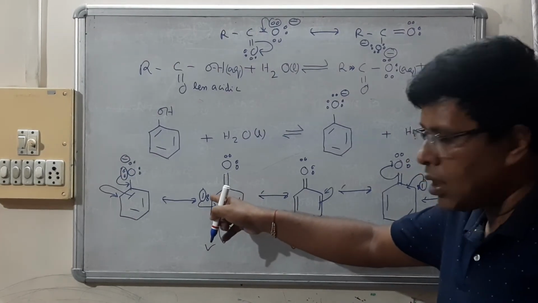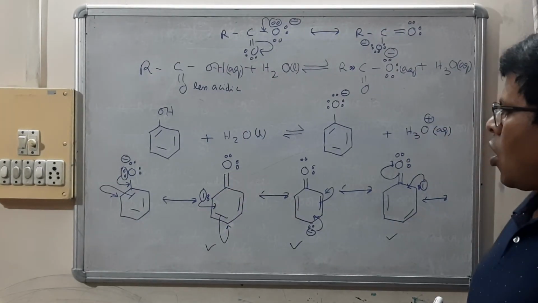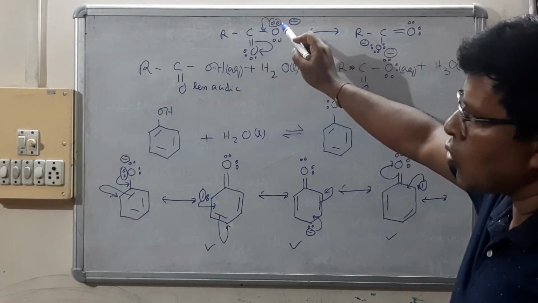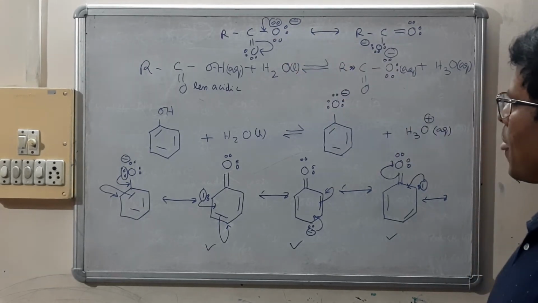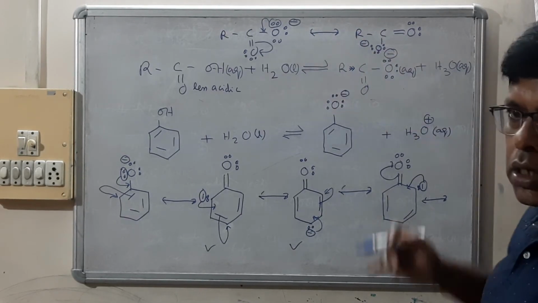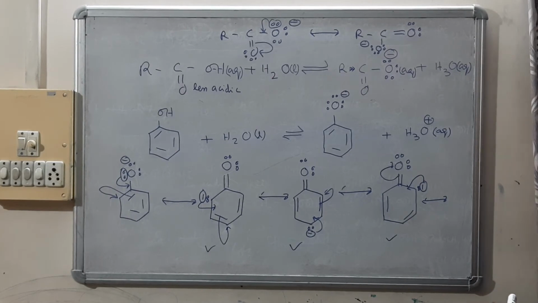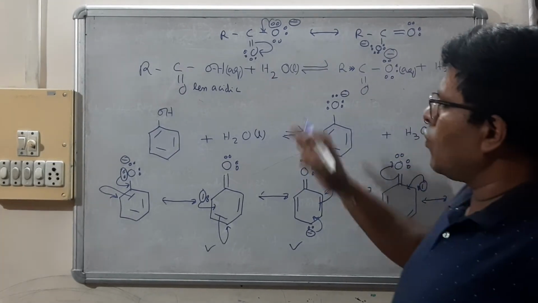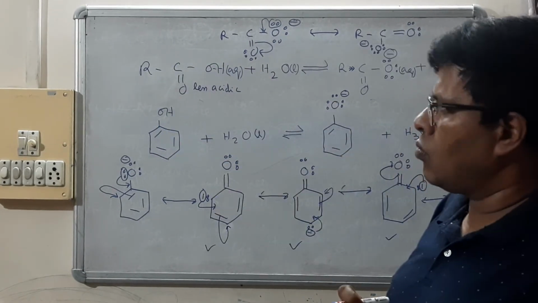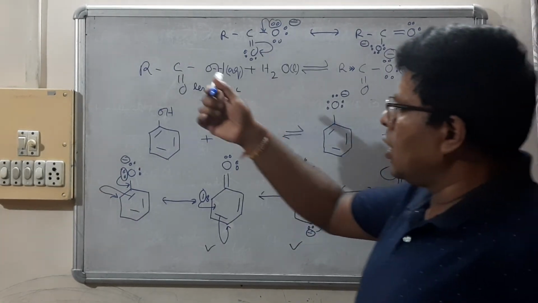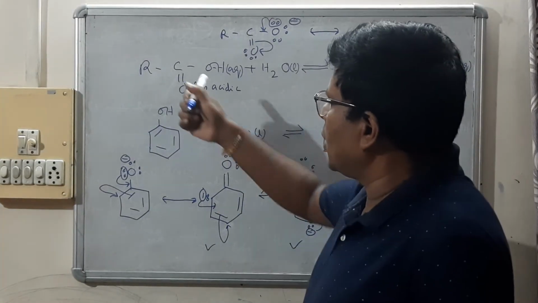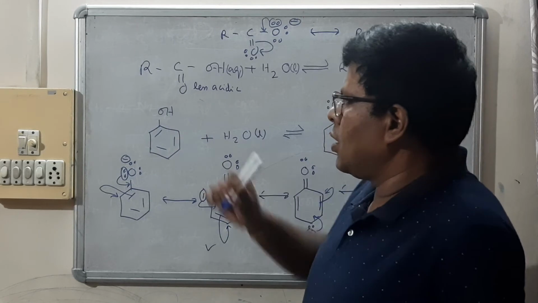On the other hand, here we see that the negative charge is on oxygen, which is pretty electronegative, so these structures contribute a lot to the stability of the resonance hybrid. That is the reason why carboxylic acid is more acidic than phenol. As I already said, both turn blue litmus paper red, but carboxylic acid is more acidic than phenol.